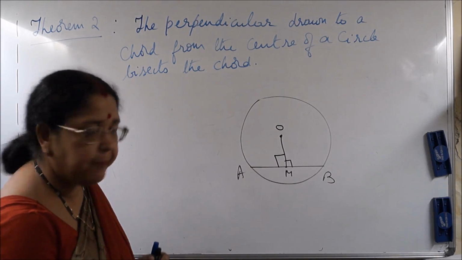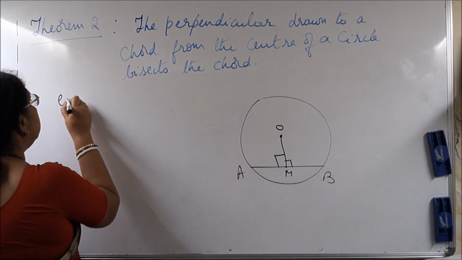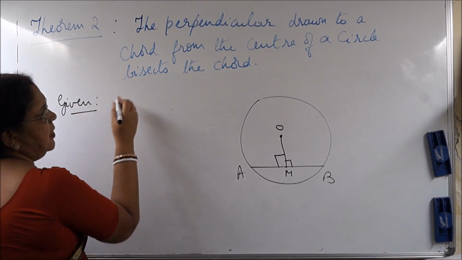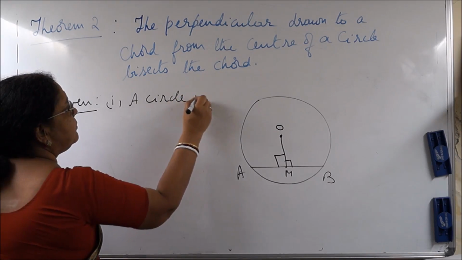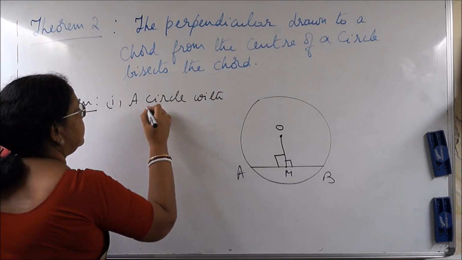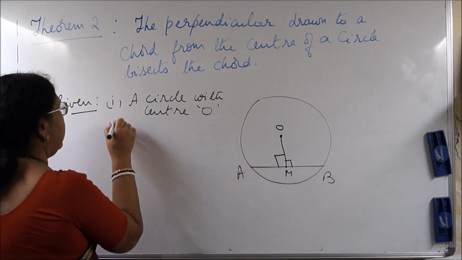That we will verify. So here, what is already given to us, the first thing is a circle with center O. Second, AB, a chord.